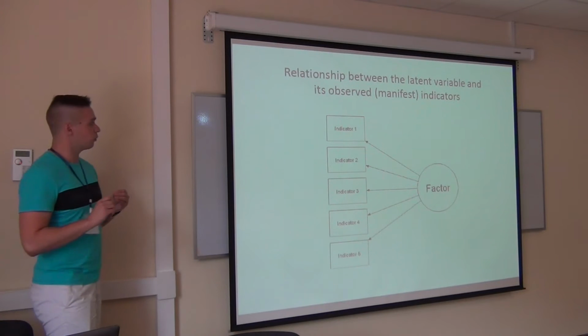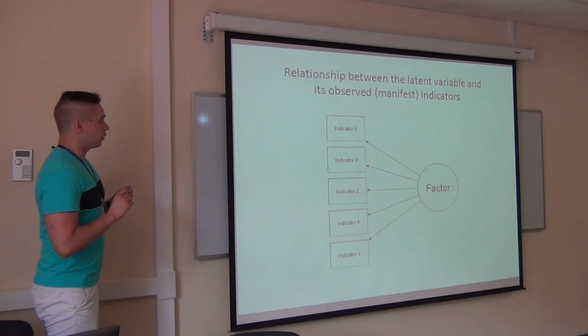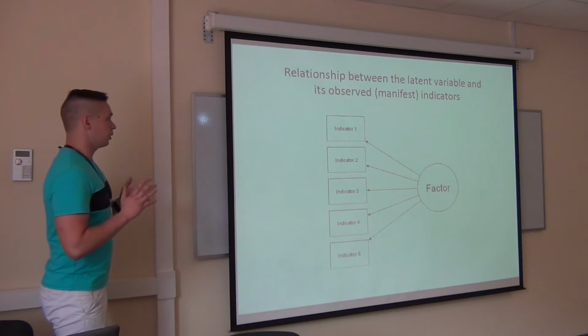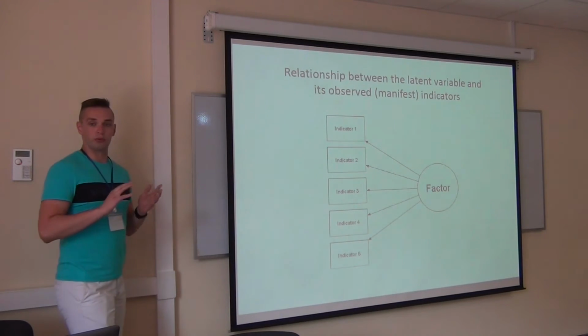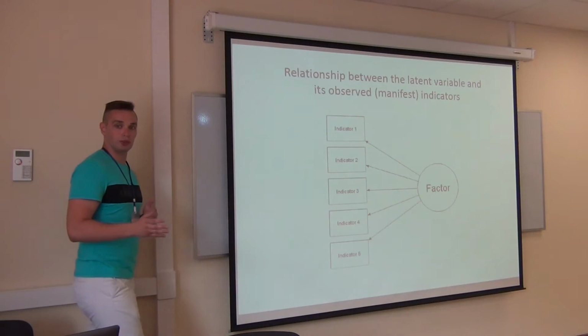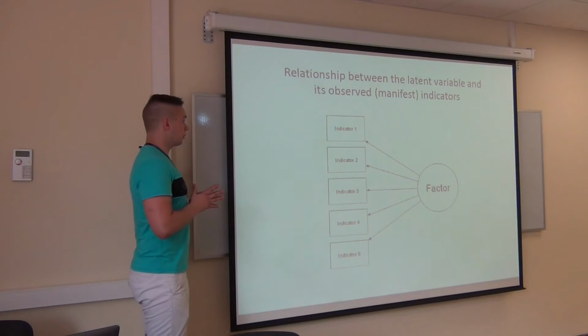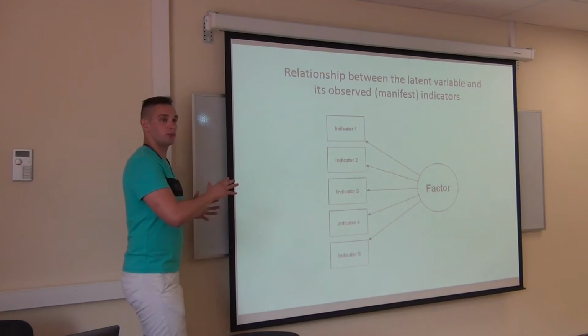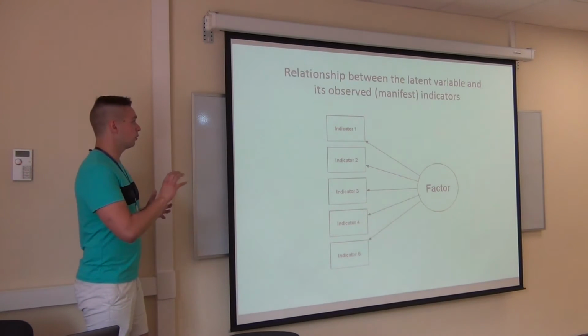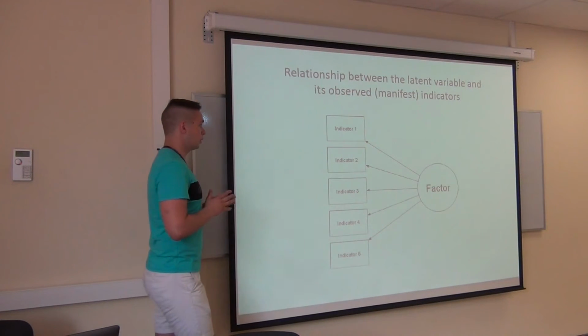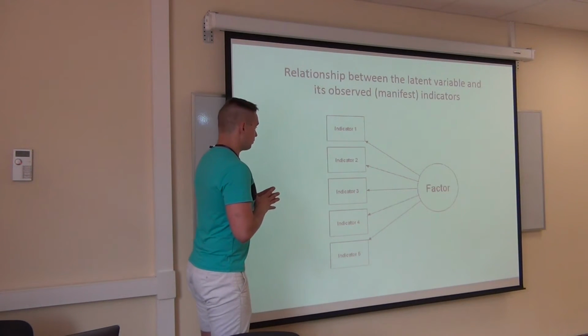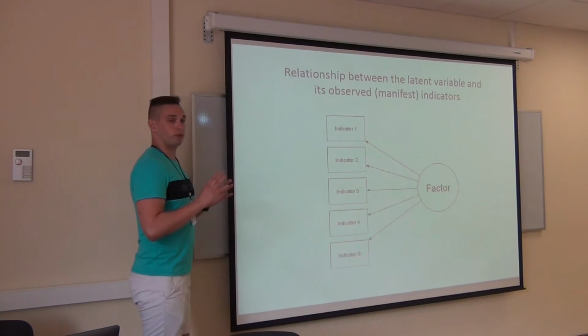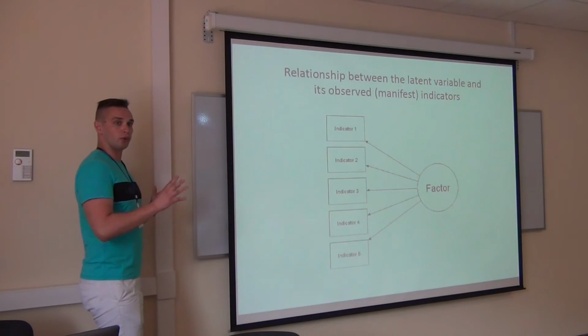Just to give you a formal example. Again, we can use the example with religiosity as a latent variable. And what is the nature of relationships between latent variable and observed variables? Imagine that we have 5 observed indicators of religiosity.